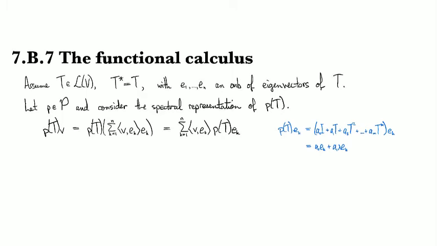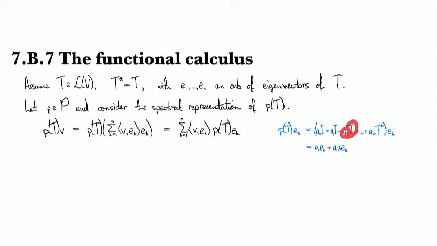Now for the next one, this being applied to this is going to give me A2 times, and when I apply T twice, it's going to kick out one lambda K for each application.